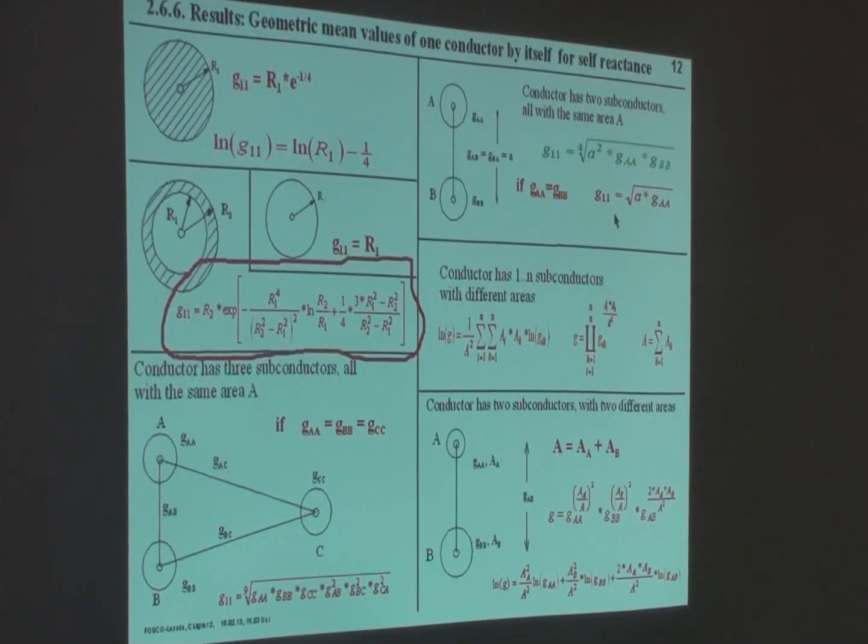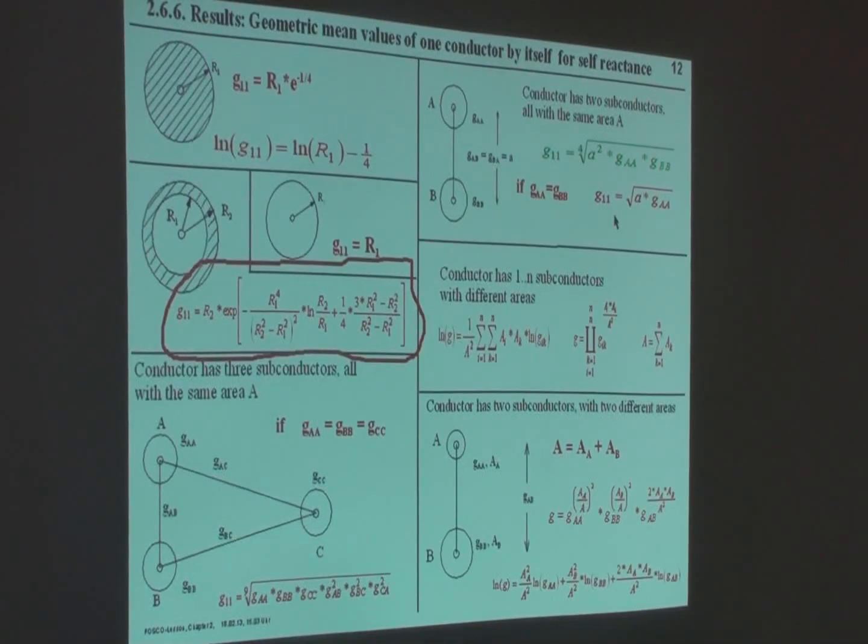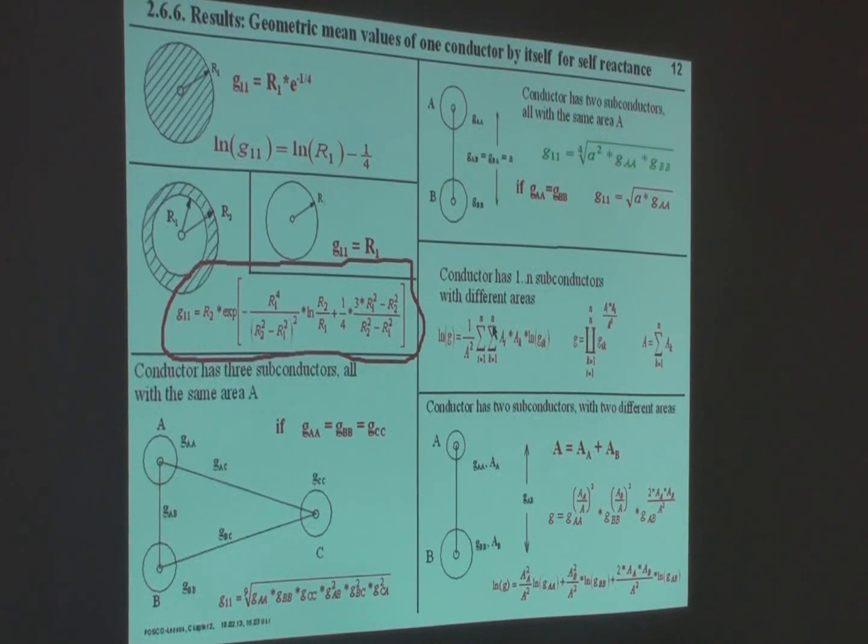Question: what happens if R2 is identical with R1? What happens if R2 and R1 are equal?